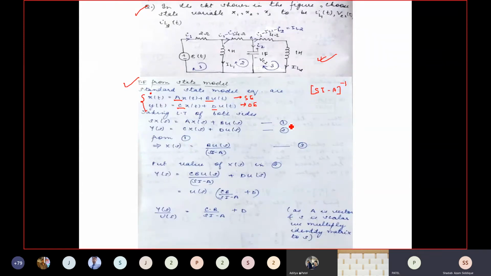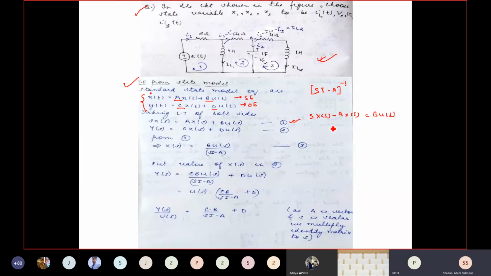Now try to find X(s) from this equation and substitute it in the other equation. So we get sX(s) minus AX(s), which is equal to BU(s).